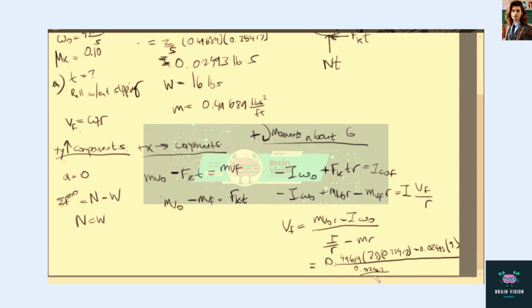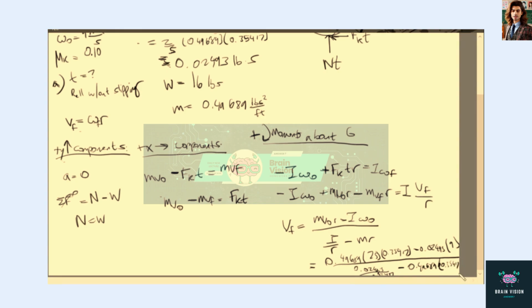0.02493 divided by 0.35417 minus 0.49689 times the radius 0.35417.